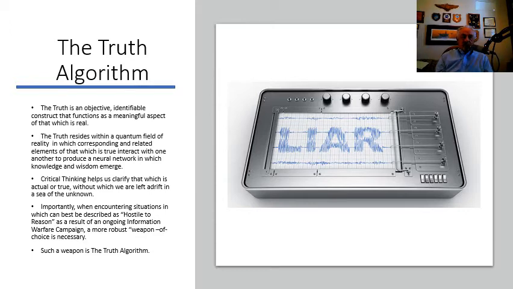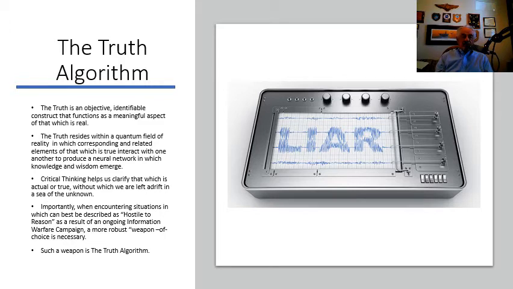All right, we're going to say the truth algorithm addresses itself to what is in fact true, or the truth. The truth is an objective, identifiable construct that functions as a meaningful aspect of that which is real.